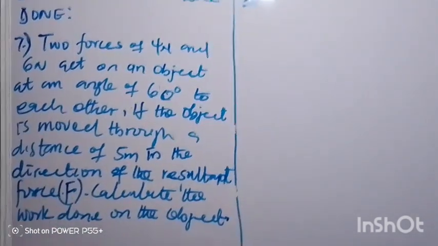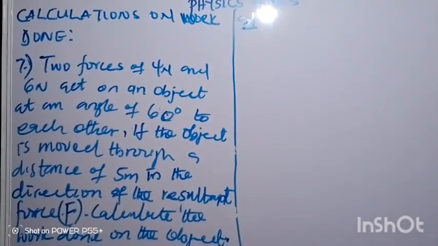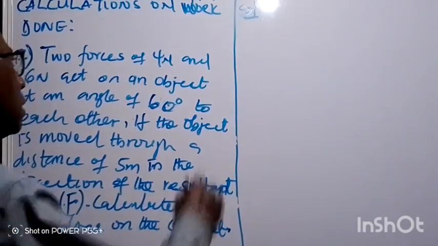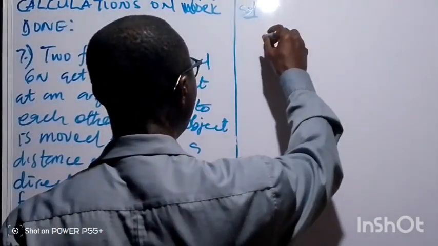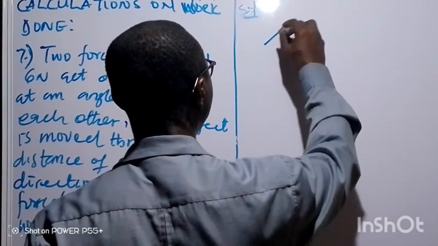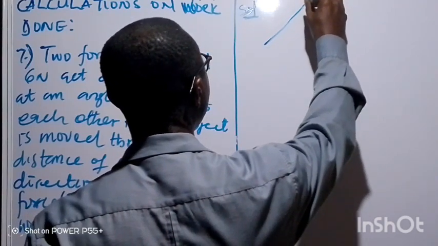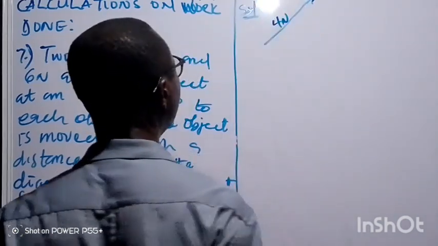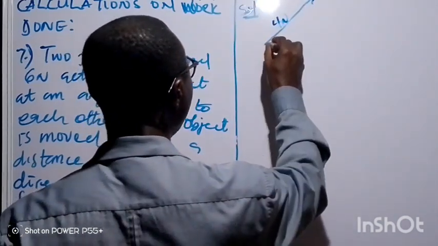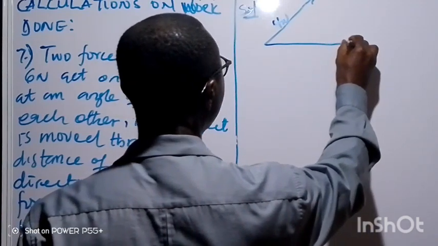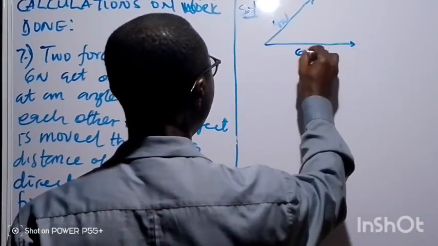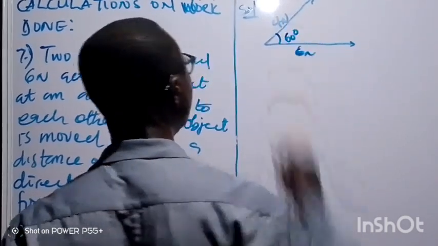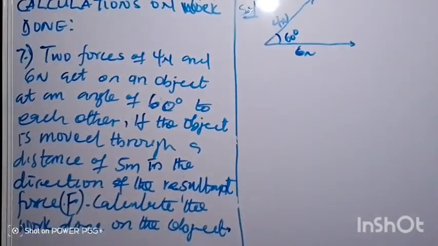Solution. Now we have two forces acting at an angle of 60 degrees to each other. Let's draw it and see how it will look. Let's say this is the first force, 4 Newton, and the second force, 6 Newton, acting at an angle of 60 degrees to each other.